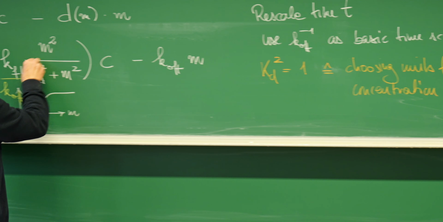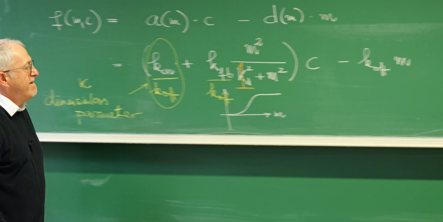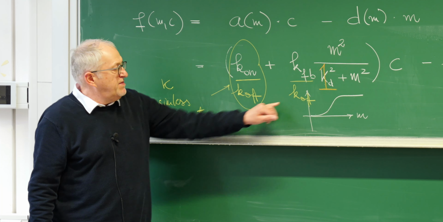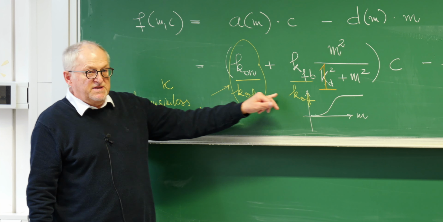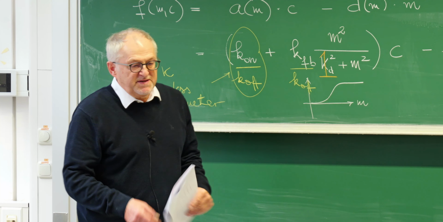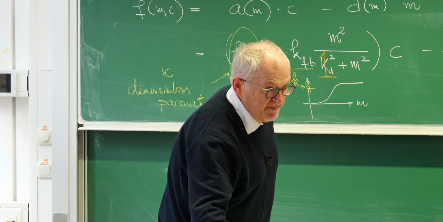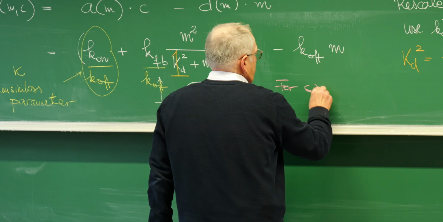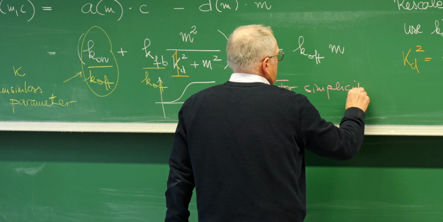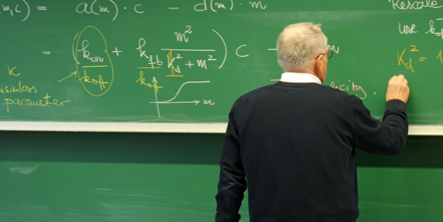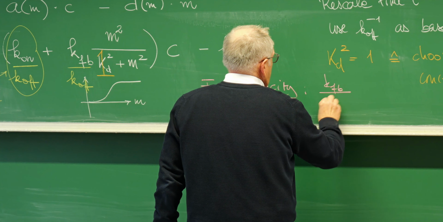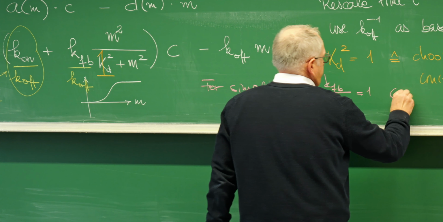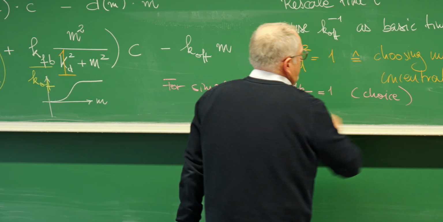Now, this here is still a second dimensionless parameter. So we have one dimensionless parameter, and that's the second one. And for simplicity, and that's a choice I make, let's just look at the case that k_FB divided by k_off is equal to 1. So that's a choice that I make.